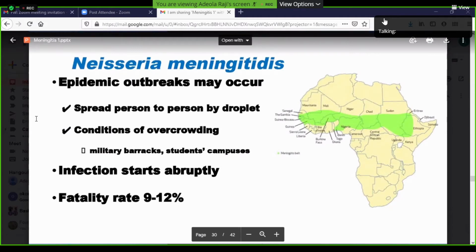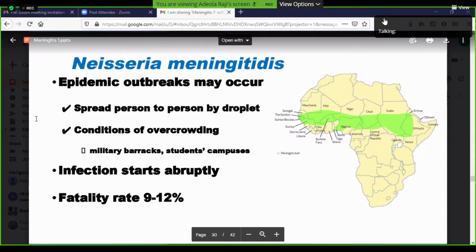The organism is capable of causing epidemics because you can have spread from one person to another through droplet transmission. So when you have conditions that favor or promote overcrowding, the spread of these agents, particularly in those who are colonized, is higher.